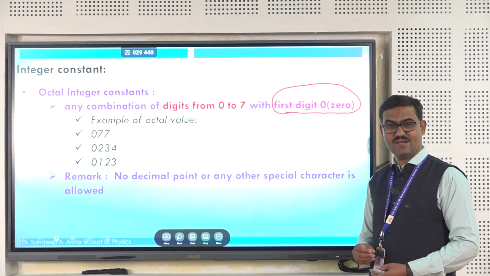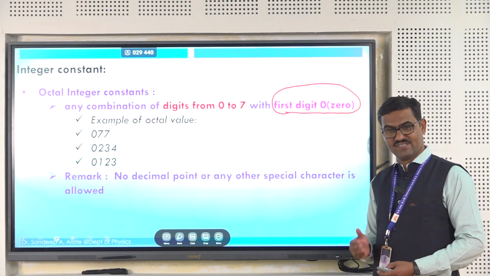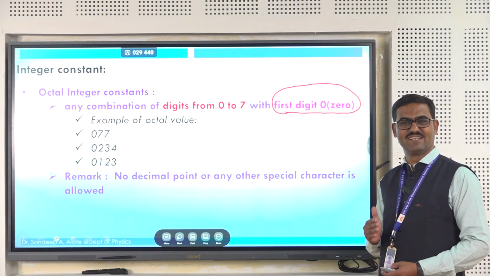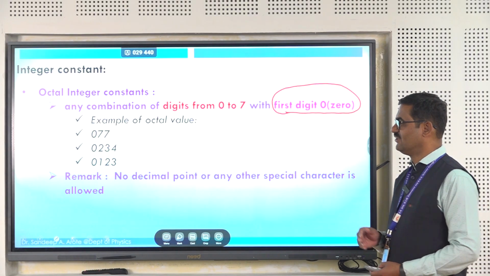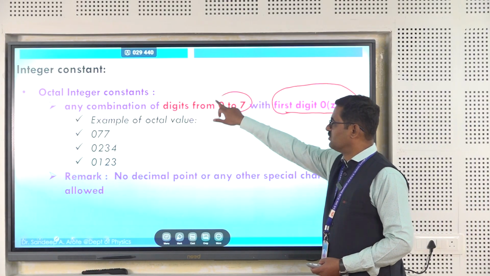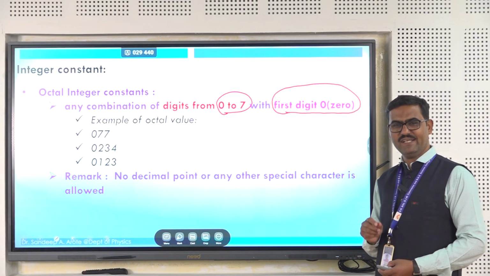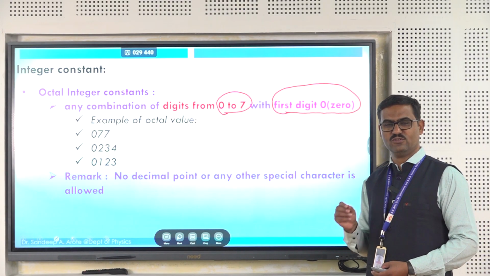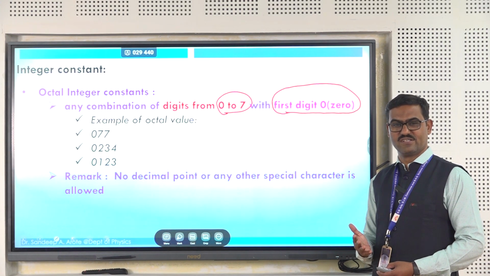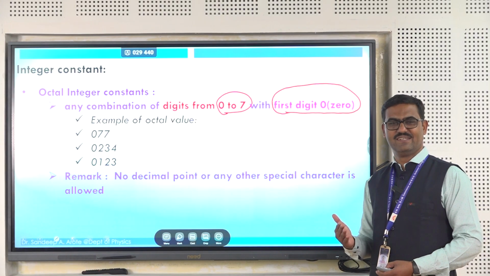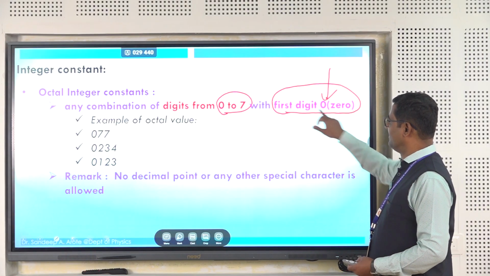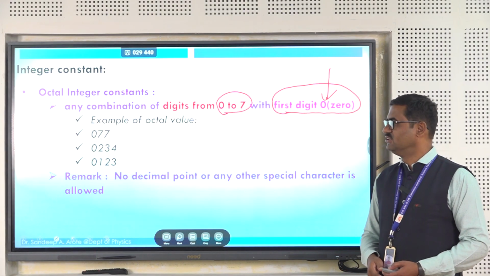Remember one thing: all octal integer constants are decimal integer constants, but not all decimal integer constants are octal, because in an octal integer constant you have a limitation of digits from 0 to 7. You can use any digit from 0 to 7 in multiple ways, such as 000, but if you exceed beyond 7, then that will not be an octal integer constant. The basic rule is that the first digit must be 0.